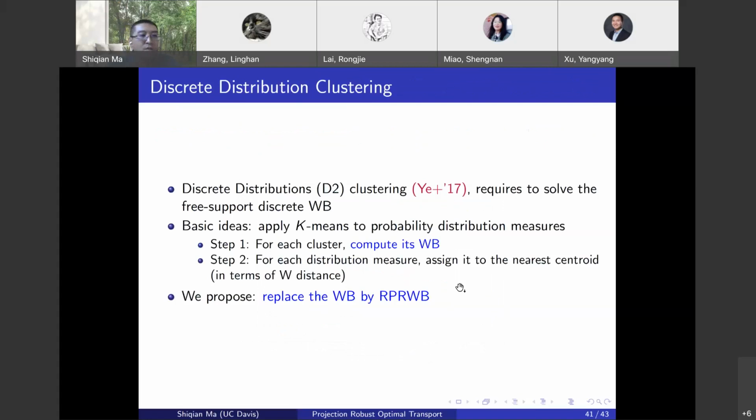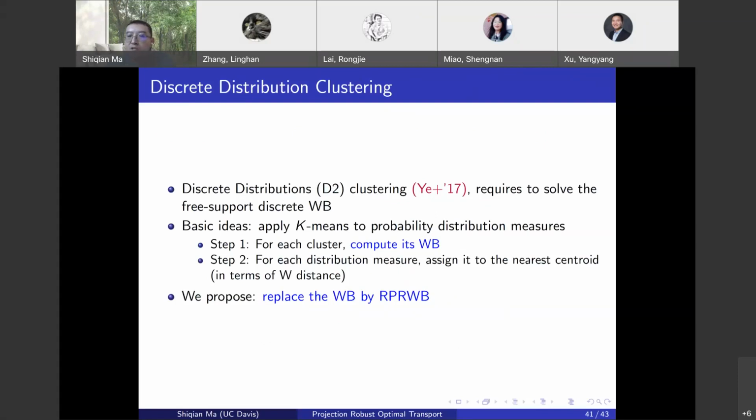Finally, I want to talk about one application. This is called discrete distribution clustering. We will mainly consider the approach proposed in this paper, Ye et al., in 2017. For example, if you're given a set of data points and you want to do clustering, how do you do it? A widely adopted approach is the Kmeans approach.